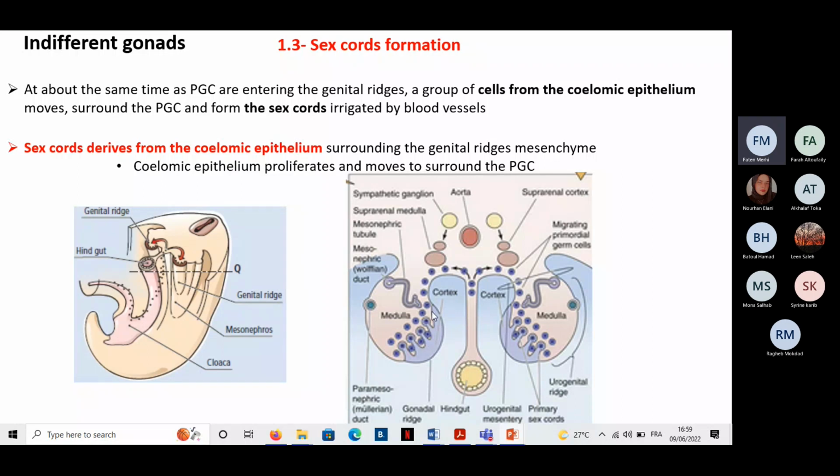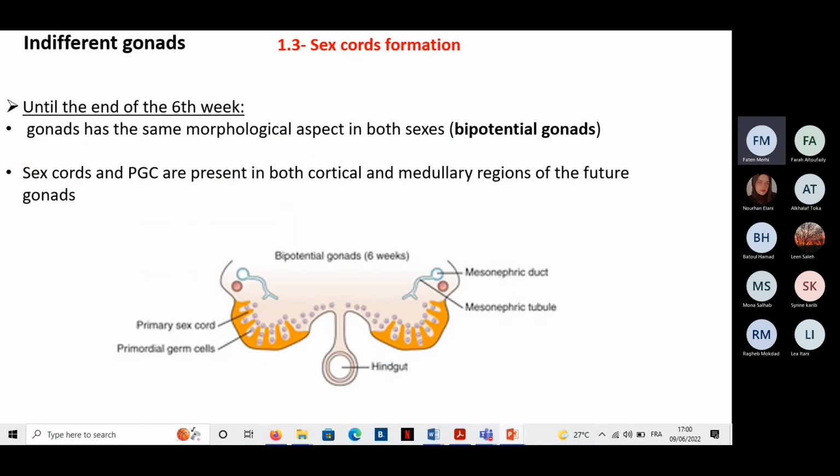While it is proliferating and entering the genital ridges, it moves and surrounds the germ cells, and those invaginations or ingrowths of the coelomic epithelium are called the sex cords. Is it clear?